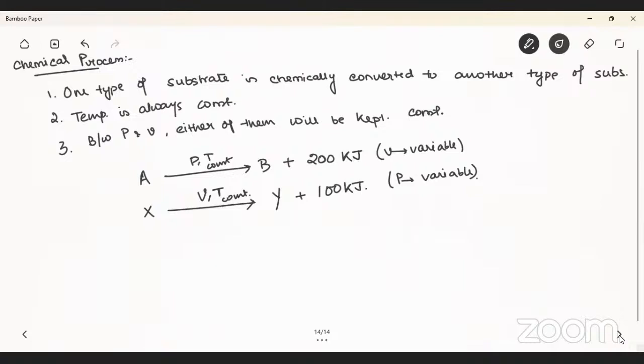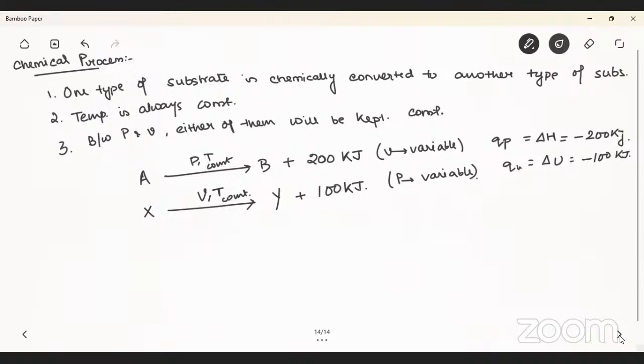So what I can conclude is that QP, the heat loss of the system, is delta H equals minus 200 kilojoules. Remember, if it is on the right hand side, always write it like this. Whatever is constant, we write QP here, and here we write QV, or delta U, which is minus 100 kilojoules.